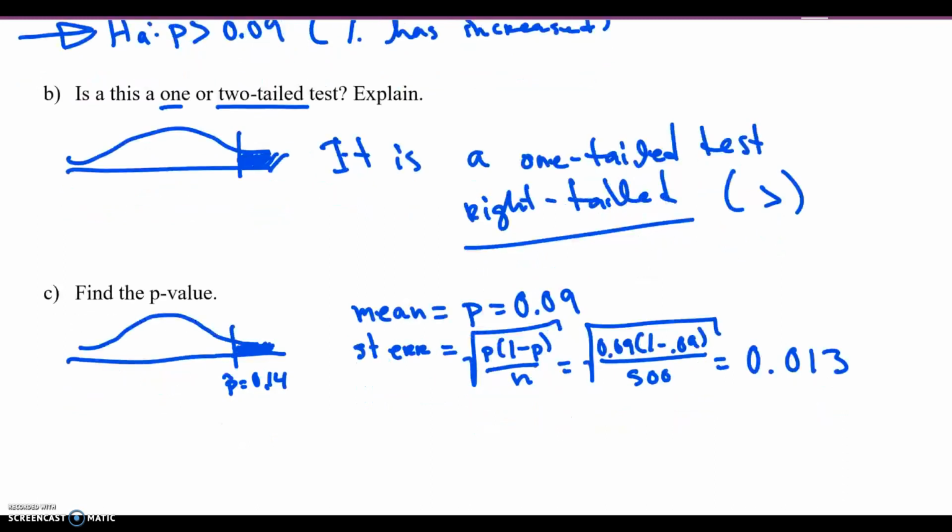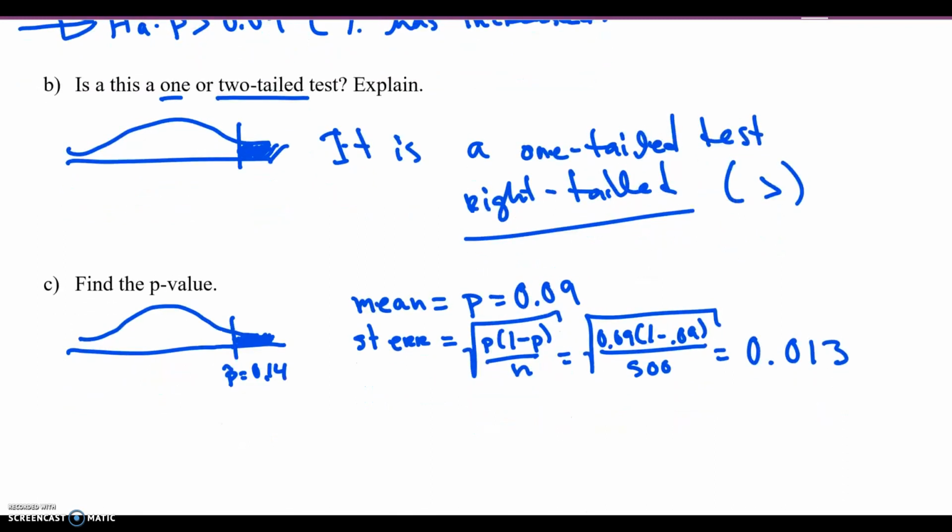Okay, so now we figured out our mean. Our mean is right here. This mean is 0.09, and you can see that 0.14 should be to the right of 0.09. Now, in order for me to find my p-value, what I've got to do is use normalcdf, with my bounds.